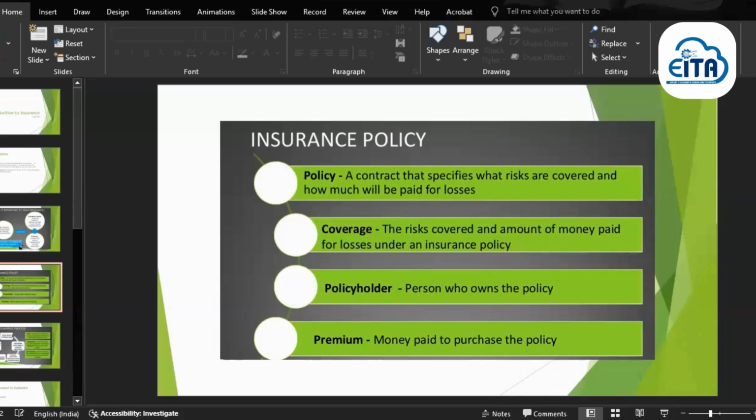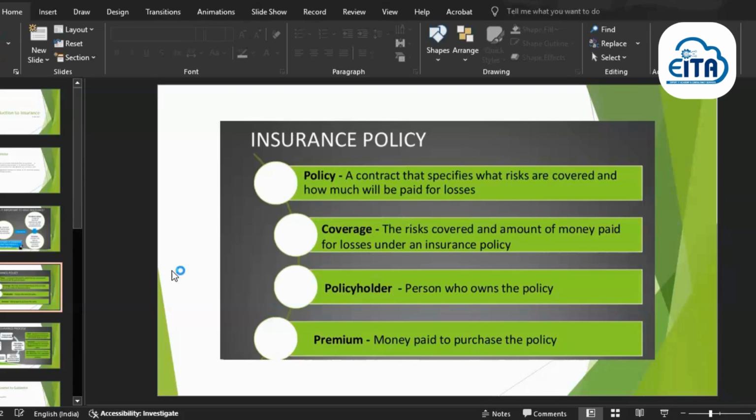Now coming to the terminologies which we use in insurance. First one is the policy. So basically, policy is a contract, or policy is something which specifies what are all the risks going to be covered in the policy and how much money insurance company will pay for the losses. In case of losses, how much money insurance company is going to pay, that is there in the policy, right?